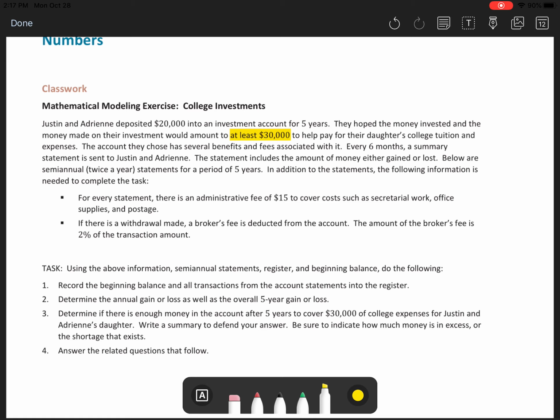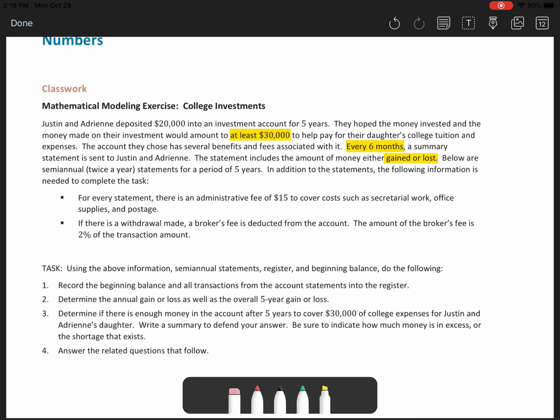Every 6 months, that's going to be another important thing right there, a summary statement is sent to them. The statement includes the amount of money they either gained or lost. Below are semi-annual, twice-a-year statements for a period of 5 years. In addition to this statement, the following information is needed to complete the task.